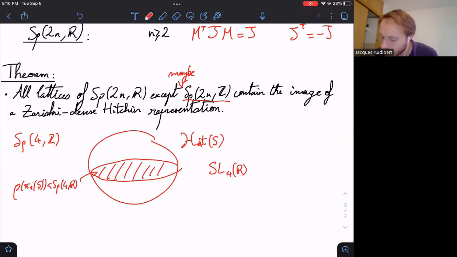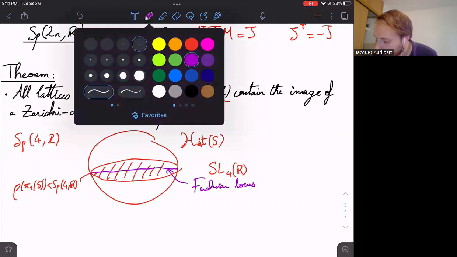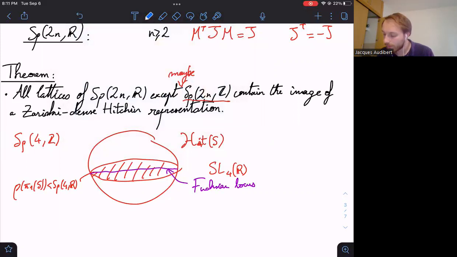So not all Hitchin representations lie in SP4R, but some of them do, especially the Fuchsian locus. The Fuchsian locus is in this subset. So Fuchsian representations lie in SP4R.